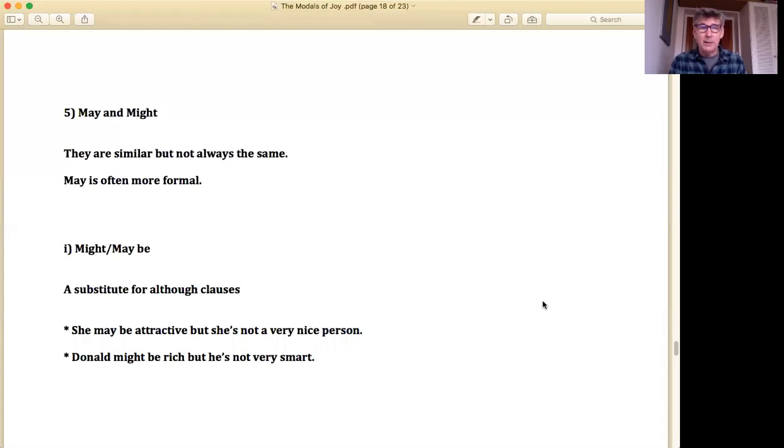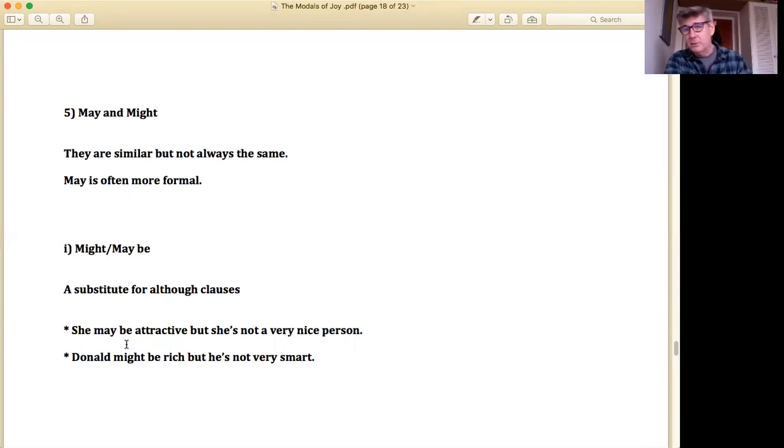And this is a kind of a substitute for an although clause, and in this situation, I recommend looking at the Michael Vence. He's got a really short paragraph on this that will explain that really adequately to you. But here, to give you an idea of what we're talking about, she may be attractive, but she's not a very nice person.